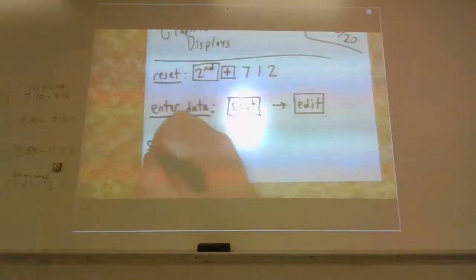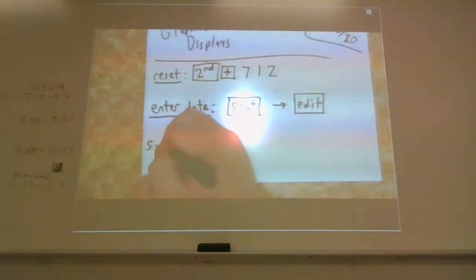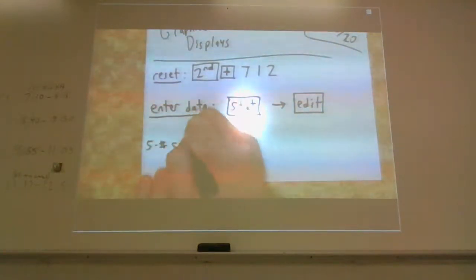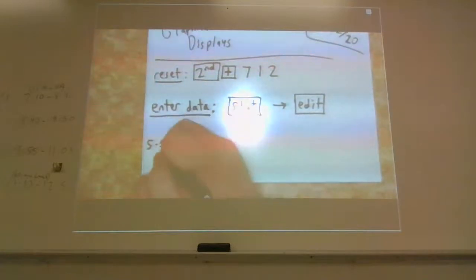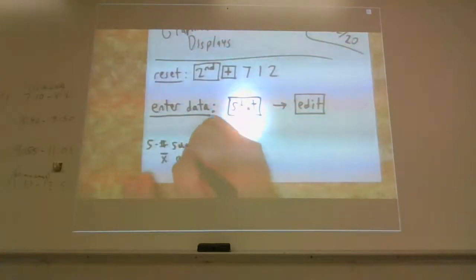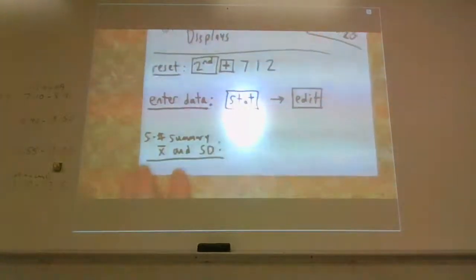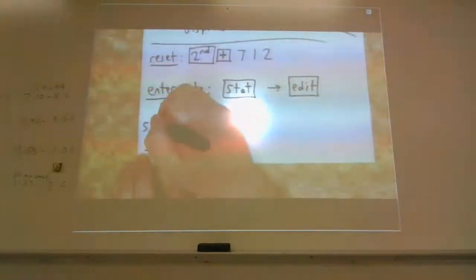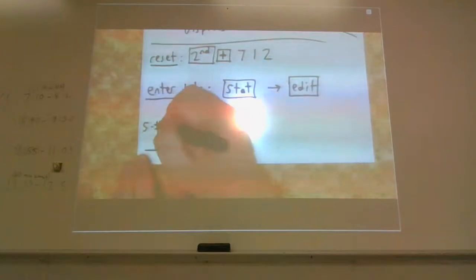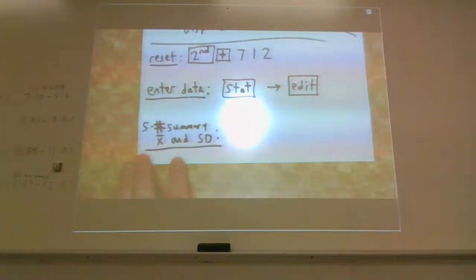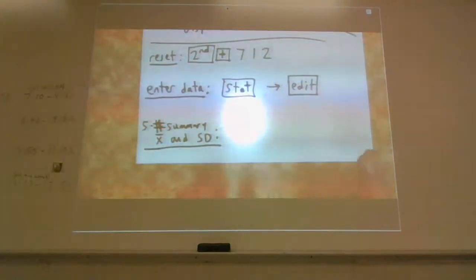You want to get your 5-number summary, X bar, and standard deviation. That's a number sign, by the way, hashtag. The 5-number summary, X with a bar over the top, and standard deviation.